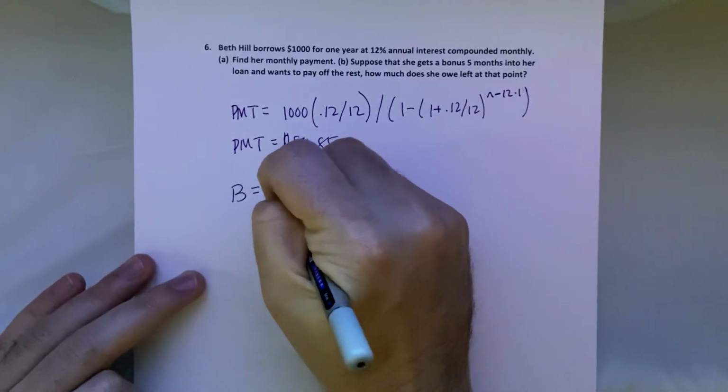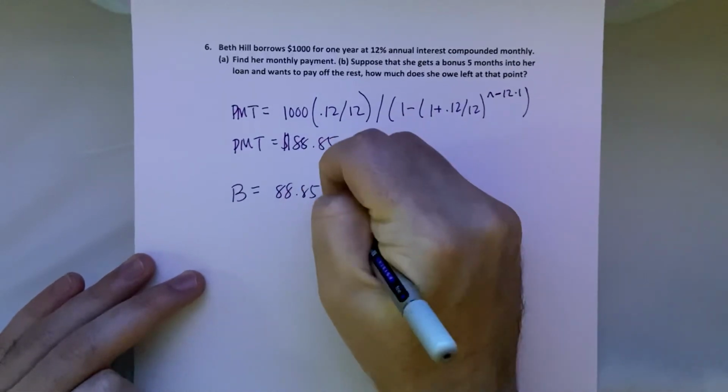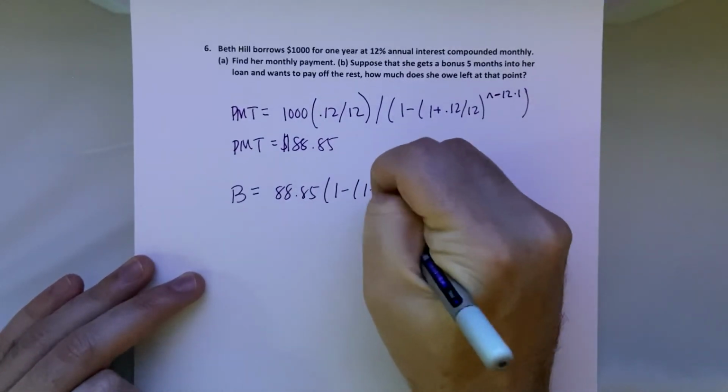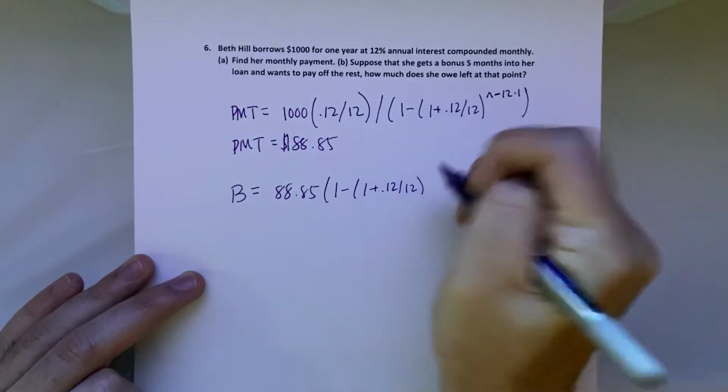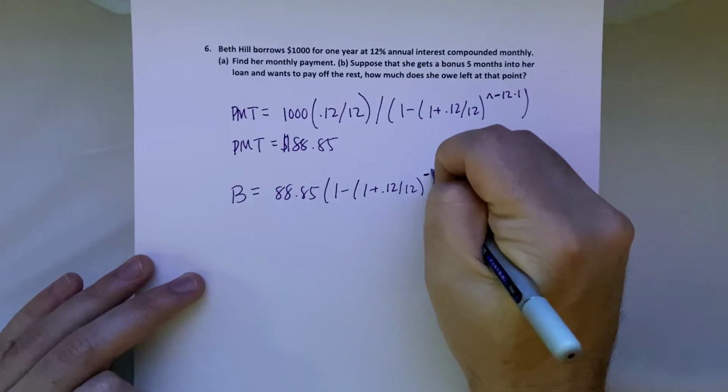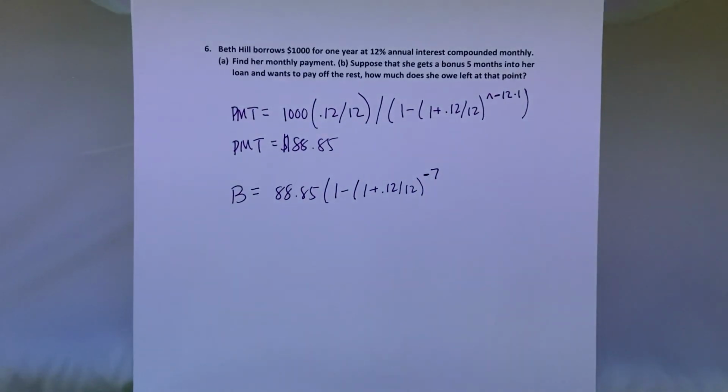So she's making payments of $88.85 times 1 minus 1 plus the 0.12 over 12. It's to the negative 7th power now, because it would normally be 5 minus 12. It's how many payments she has left to make.